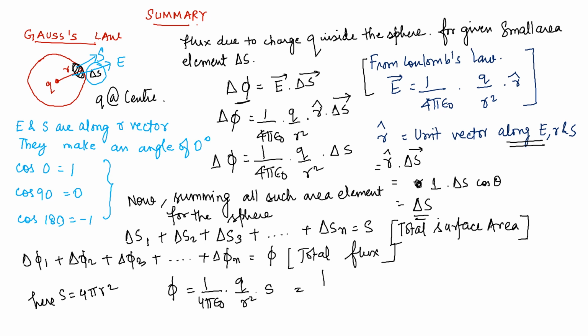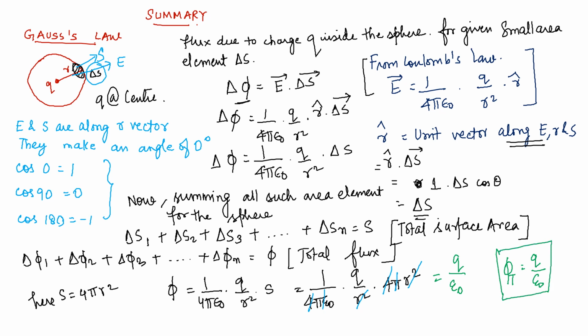So it will come around 4 pi epsilon naught into q upon r square into 4 pi r square. 4 cancels with this 4, pi with this pi, and r square with this r square. What is the value we are left with? Q upon epsilon naught. So xi total comes around q, the charge contained by the sphere, divided by epsilon naught.